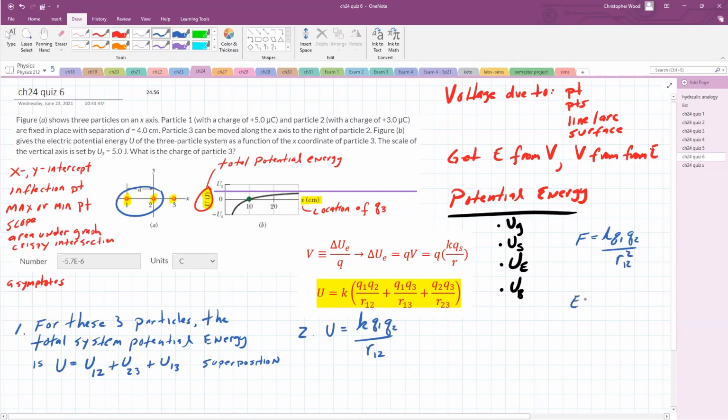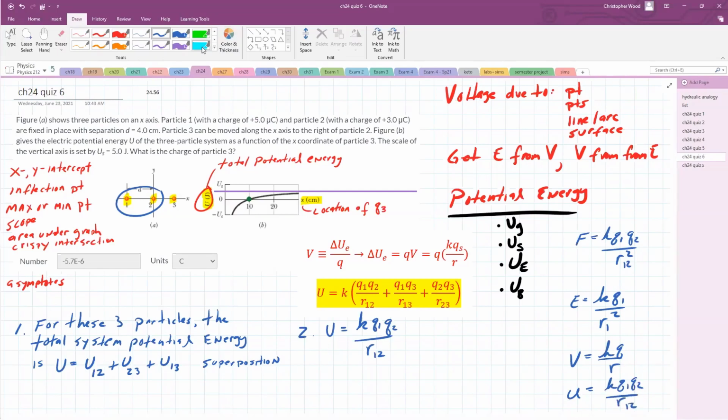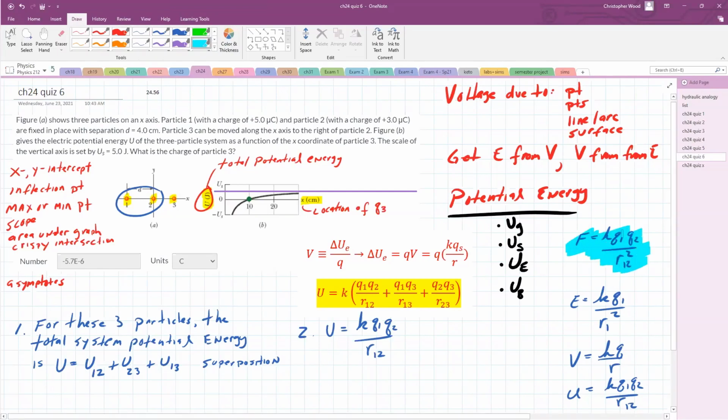We had the electric field equals K Q1 all over R1 squared. Then we had voltage for a point equals KQ over R. And as if that's not enough, now we have potential energy is K Q1 Q2 all over R12. So look at how your head could be spinning. Look how similar these all look.